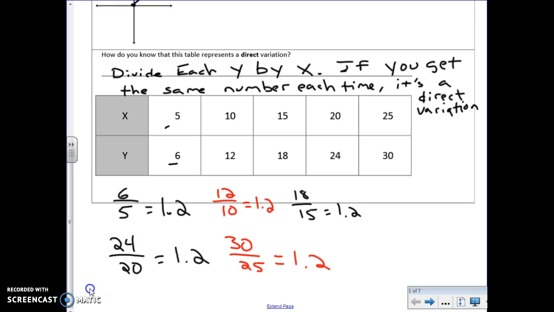All right, so you're getting the same number every time you do y divided by x. That means it's a direct variation. So think D for divide, and direct variation begins with D. All right? So that value that you just got is your k value. So the k value in this direct variation is equal to 1.2.